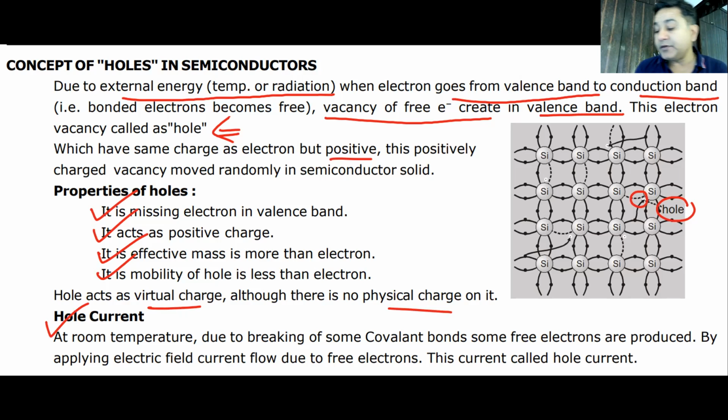When you heat something up, covalent bonds are broken and an electron will jump into the conduction band. If you apply an electric field, these electrons will move. That current is known as hole current. Do we understand this? Yes, sir. One minute. Please note it down. Okay, sir. You have to note down the properties of hole and what is hole current.